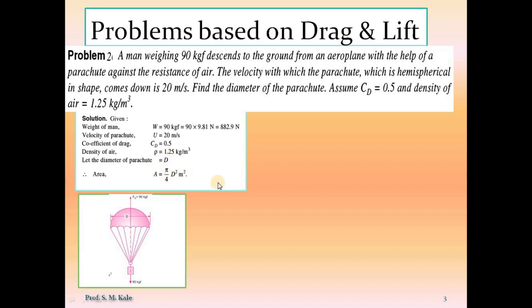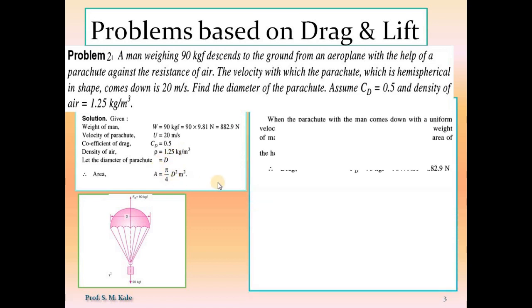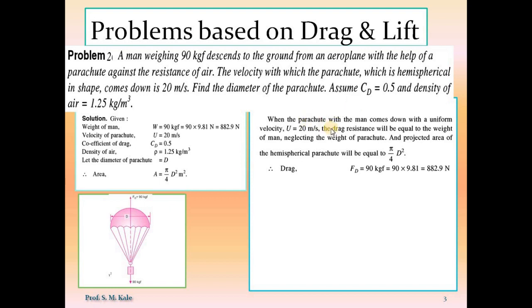Here, as we know, when the parachute with man comes down with the uniform velocity U equal to 20 meter per second, the drag resistance will be equal to the weight of man when we neglect the weight of the parachute. As that man is coming in the vertically downward direction and that air is moving in the vertically upward direction, drag force will act in the vertically upward direction, and the value of drag force will be equal to the weight of that man when we neglect the weight of the parachute.